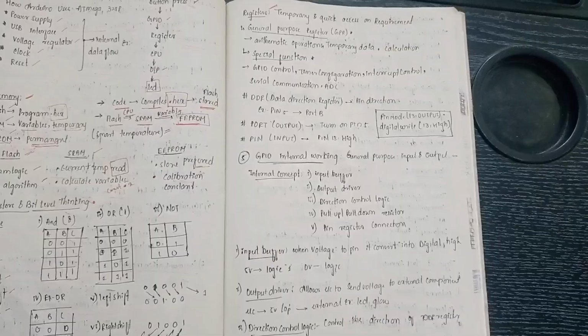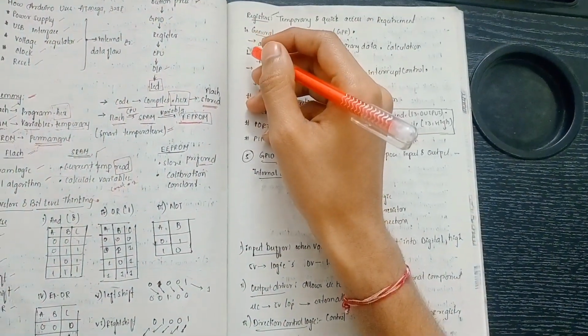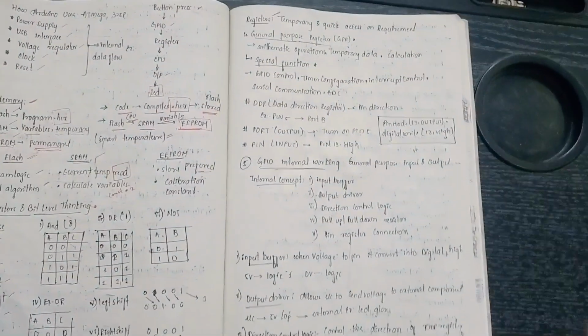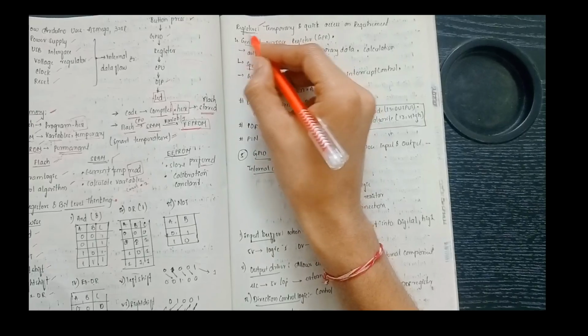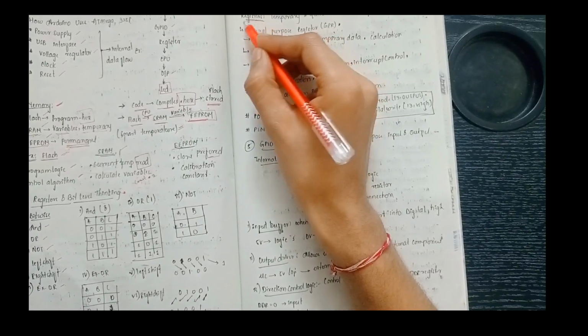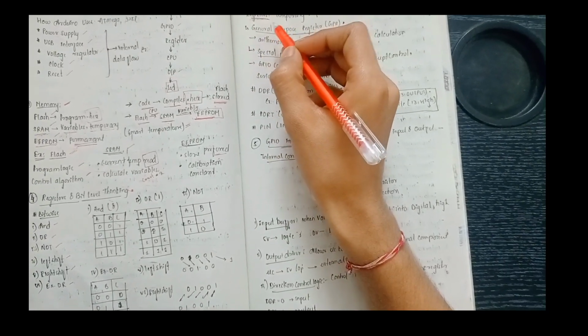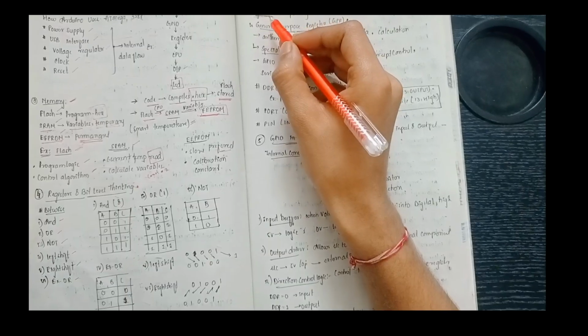Registers play a very important role between GPIO and CPU.